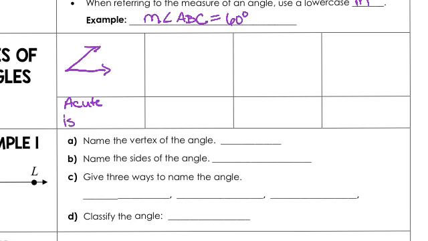Acute is any angle that is less than 90 degrees. A right angle is equal to 90 degrees.